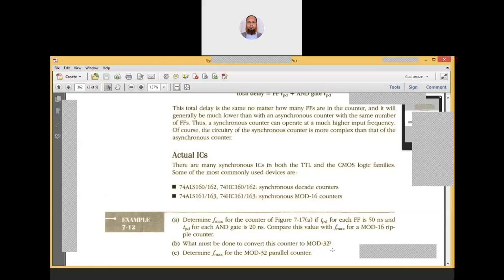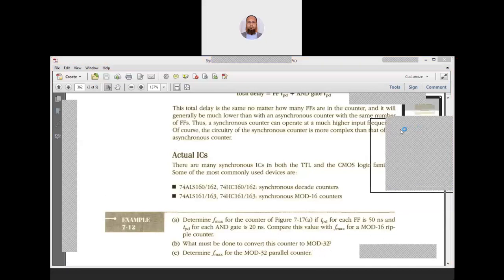The answer is 5: n equals 5 means we need 5 flip flops. 4 flip flops are already there, so we have to add one flip flop with an AND gate. So that answer is also correct.